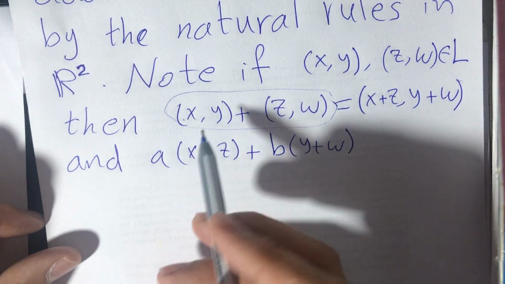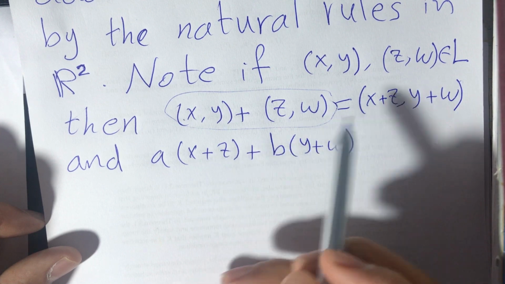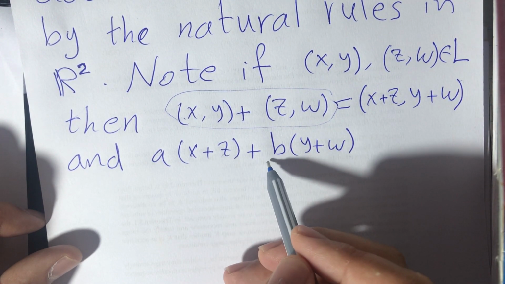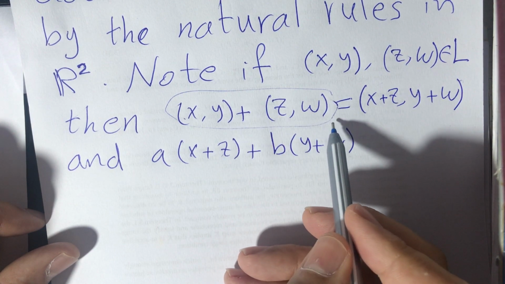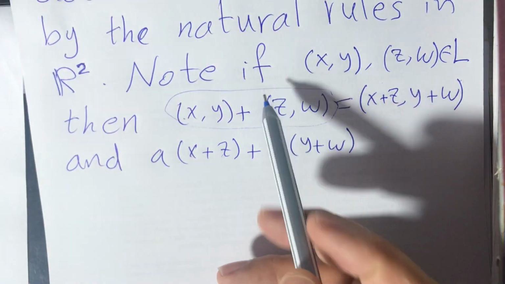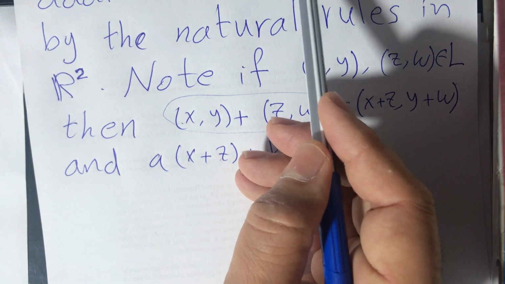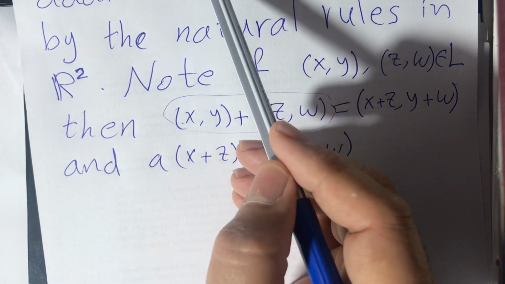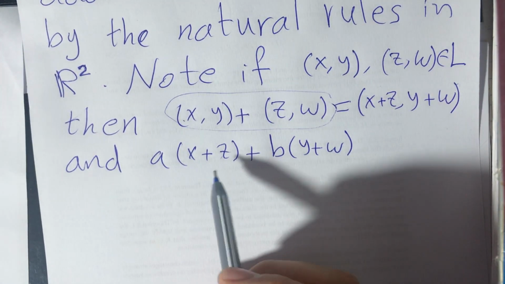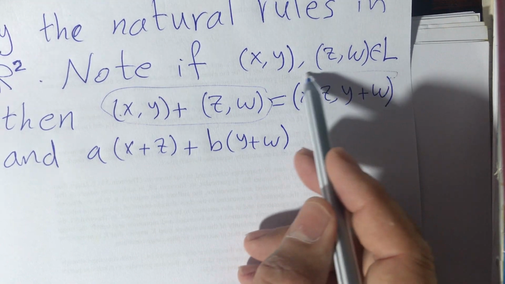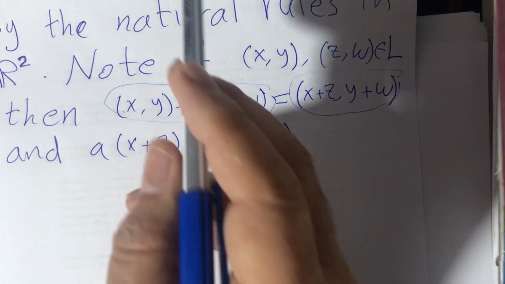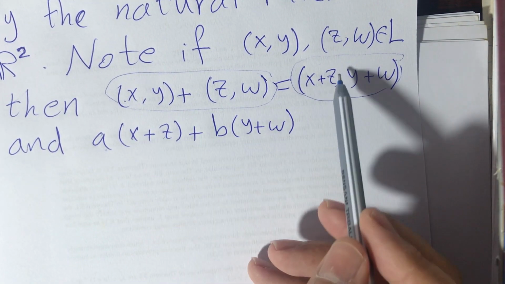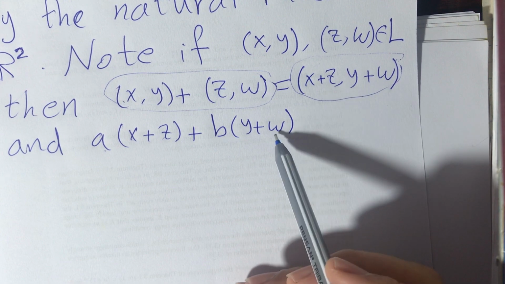If I prove A(x plus z), this is the first argument, plus B(y plus w), the second argument, is equal to 0, then it will belong to L, because by definition AX, first argument, plus BY, second argument, equals 0.